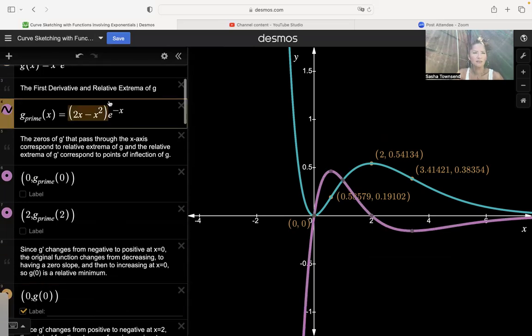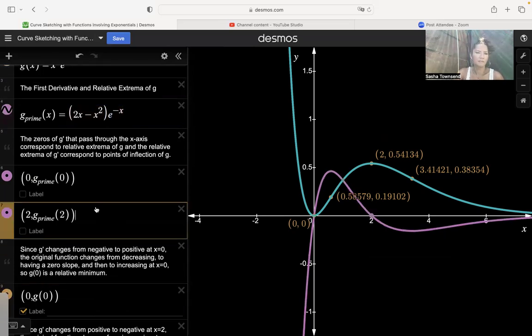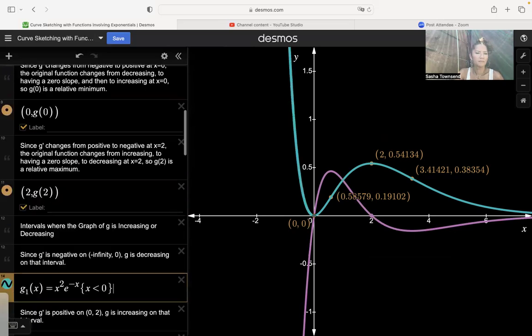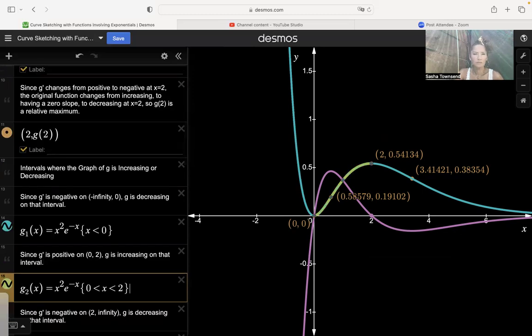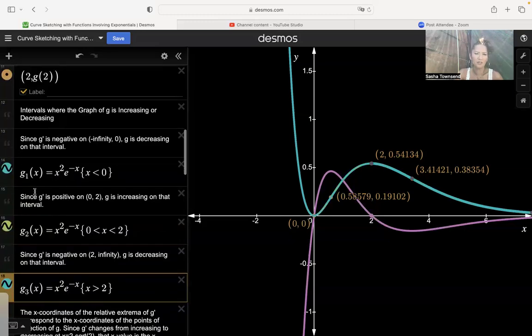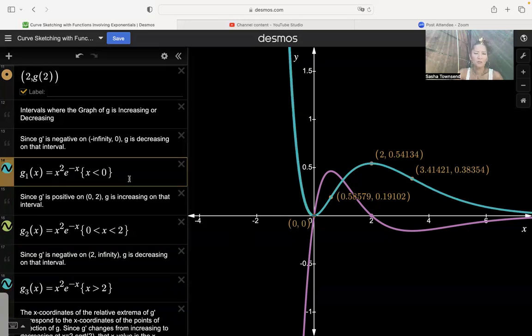So we want to take the derivative of this. Now, in here I added some pieces. I said, let's call G1, G2, and G3 the function on 3 intervals. So G1 is this first interval.